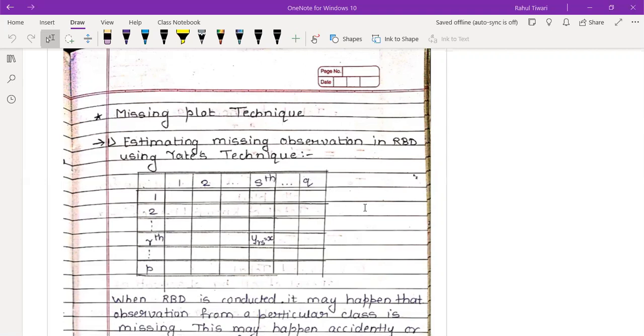Okay, so let us consider we have an RBD design. You know that this is estimating missing observation in RBD using the AIDS technique. So this is called the AIDS technique. What is the AIDS technique? I will explain that later on.